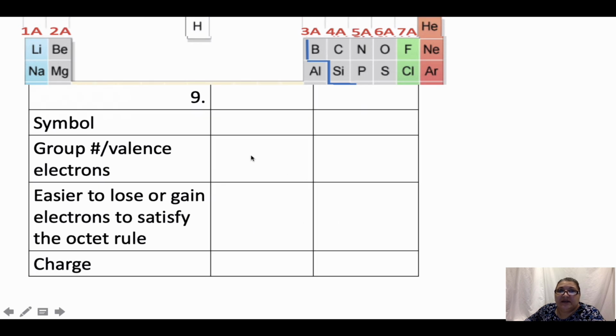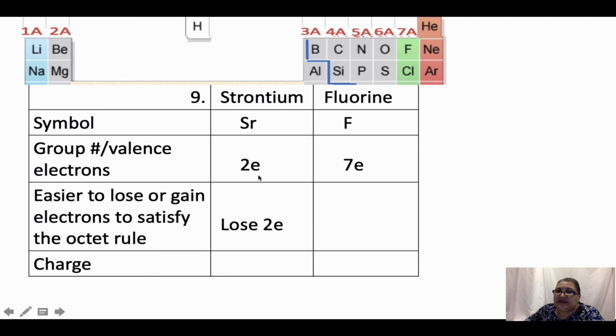Now the next one is strontium and fluorine. Strontium is Sr, fluorine is F. Fluorine is right here, but strontium is right below 2A, so it has 2 electrons. Fluorine has 7. It's easier to lose the 2 than gain 6.